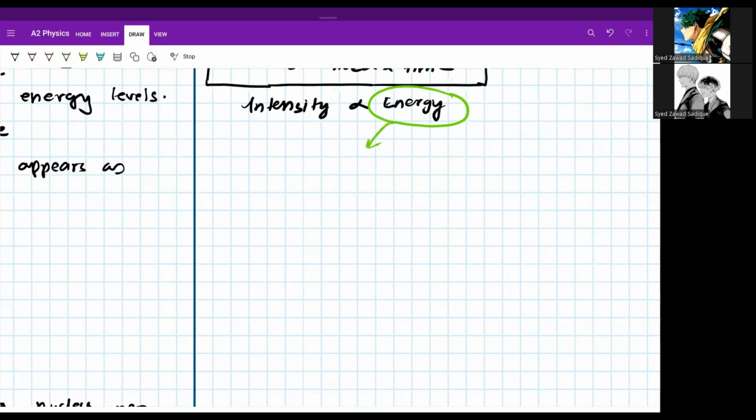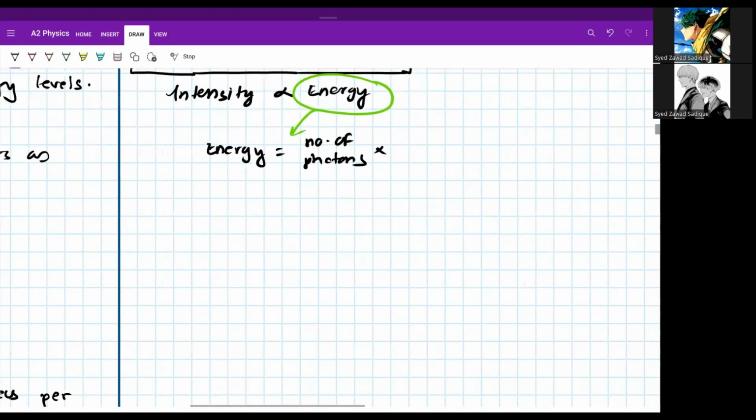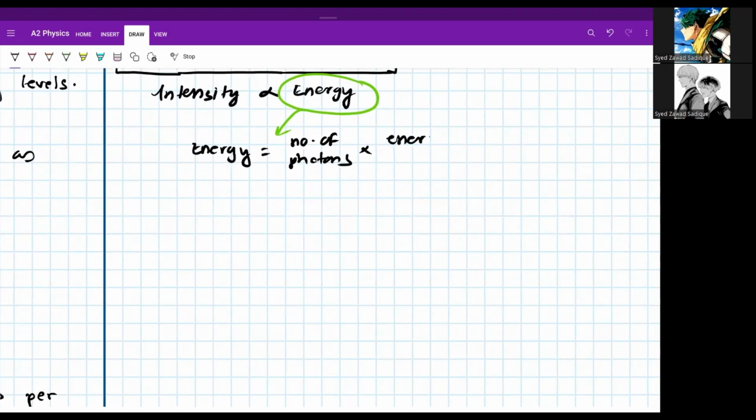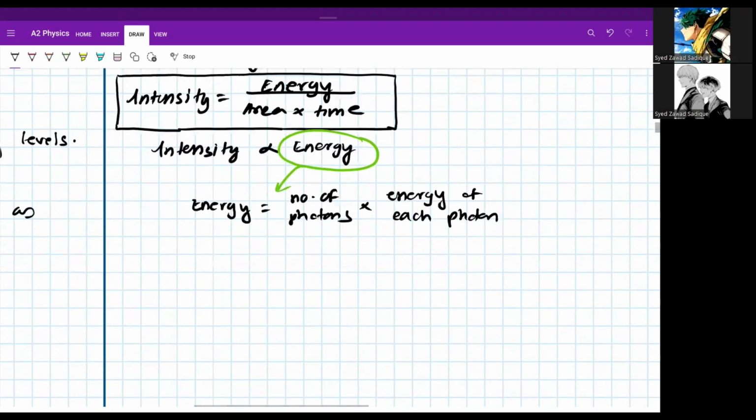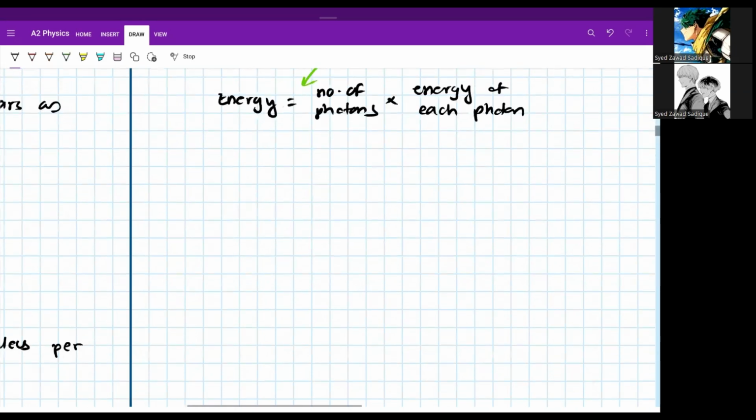That is, energy equals the number of photons multiplied by the energy of each photon. So this is actually the total energy.